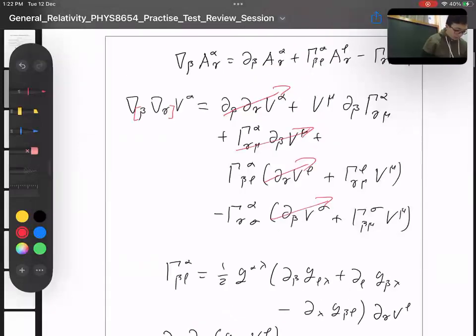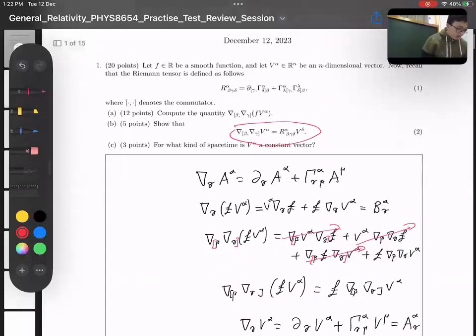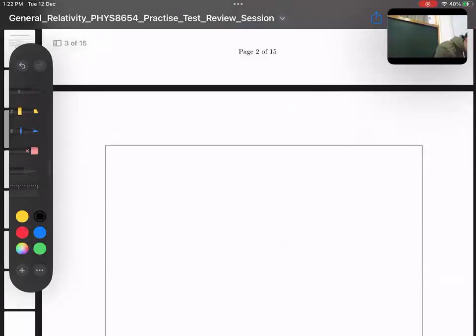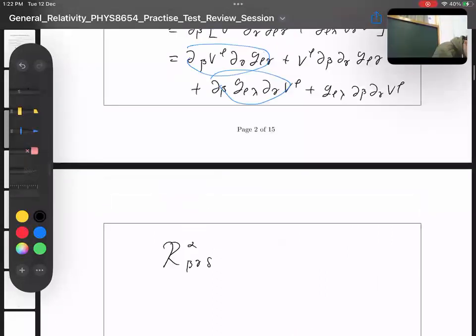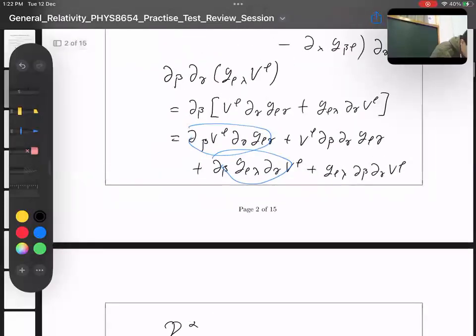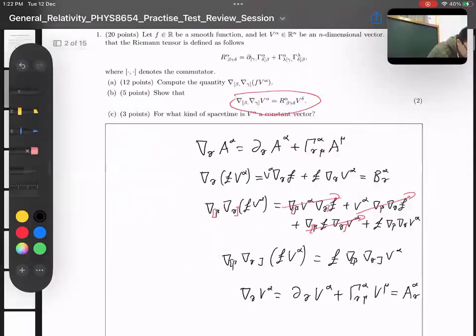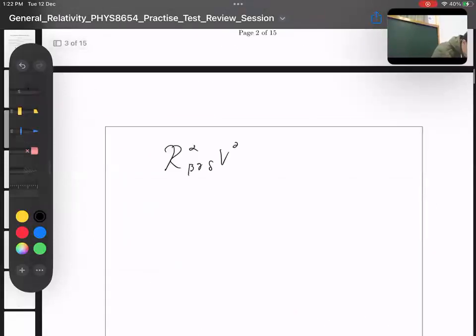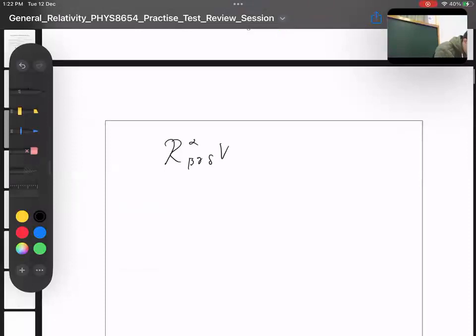And the next question is quite nice. It's kind of a concept question. Maybe I can ask you guys what you think. So alpha, beta, gamma, delta, V delta.